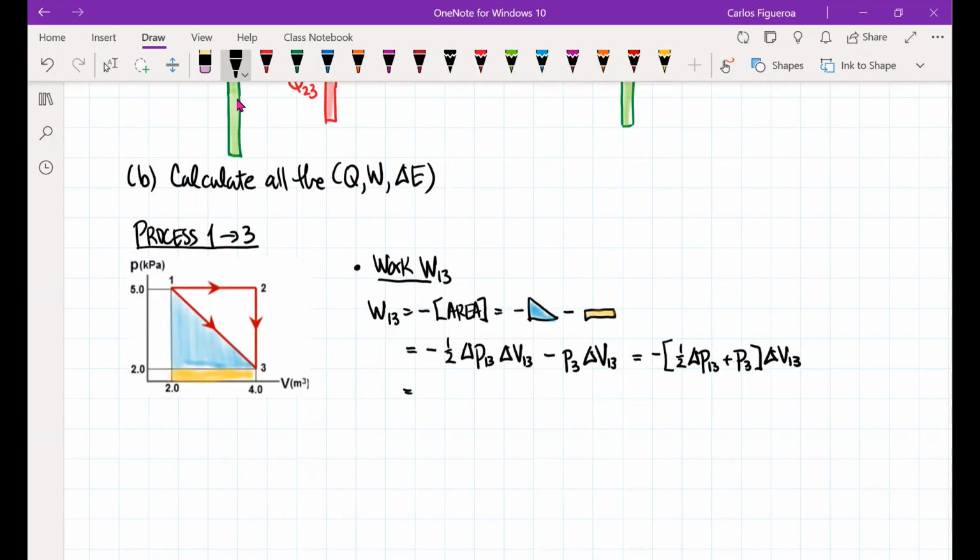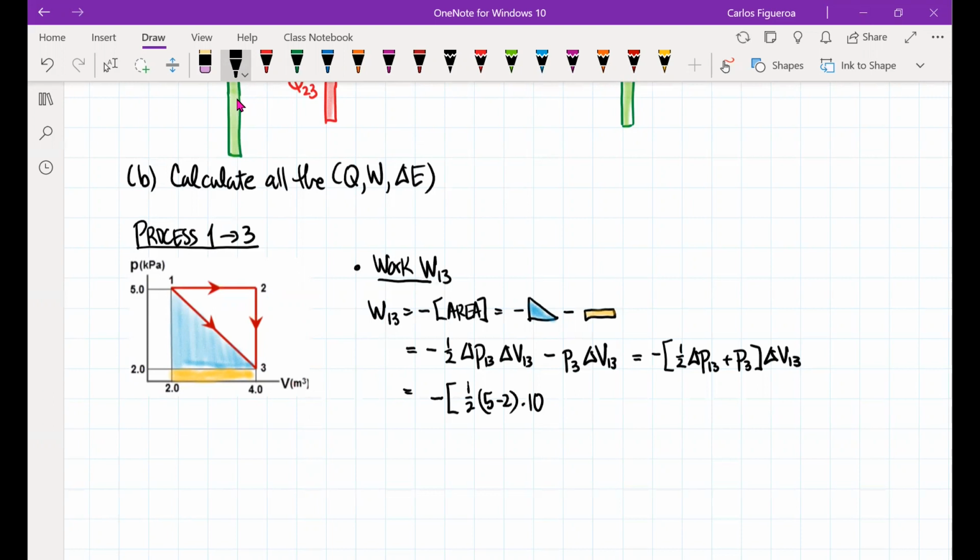So then I'm just going to pick them off. Remember, this is all in kilojoules. So look what I'm going to do. I'm going to do minus 1/2. Nope, let me put the square. So I have 1/2. The pressure difference is going to be 5 minus 2.